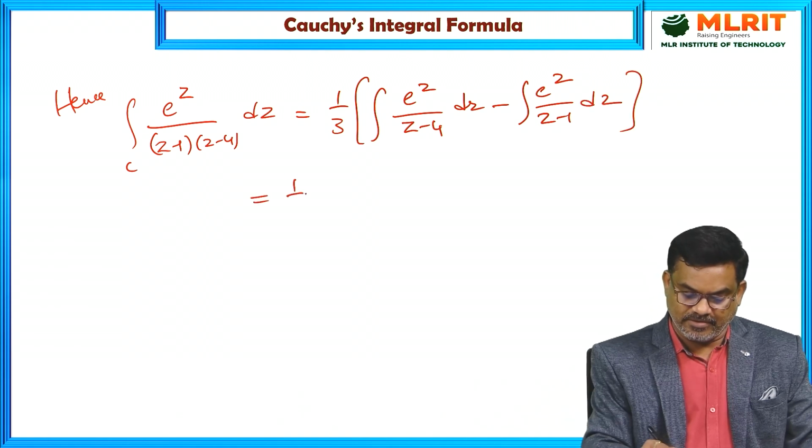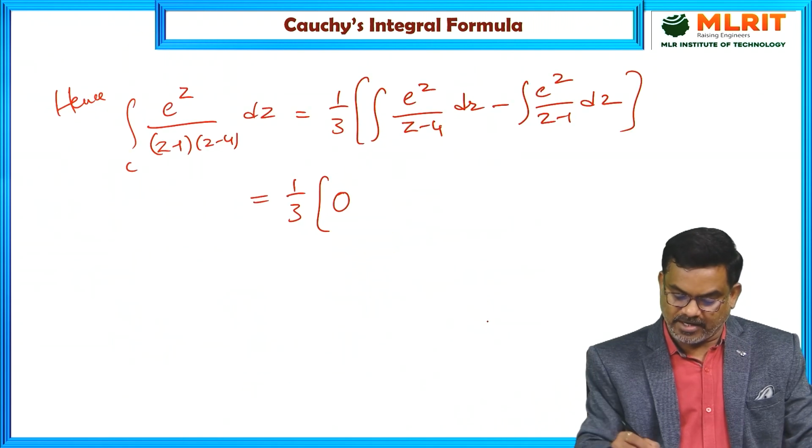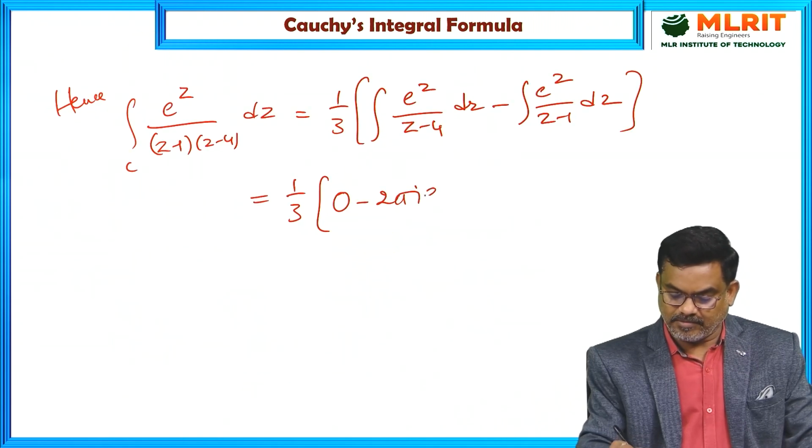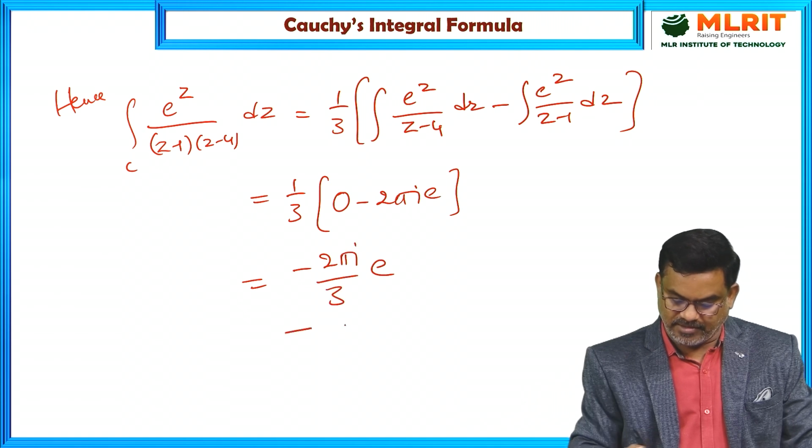So this is equal to 1/3 times (0 for the first, and for the second 2πi e). So, minus 2πi e/3.